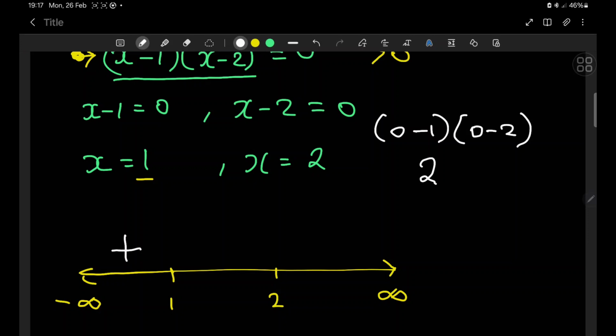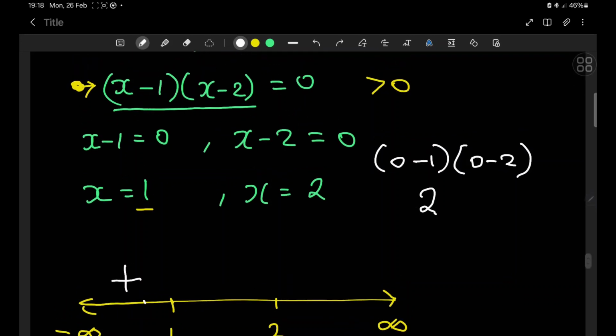Then we come to this interval, 1 all the way to 2. The number we can pick is half. Sorry, not half, 3/2. Half is this side. So we pick 3/2, the number in between 1 and 2.